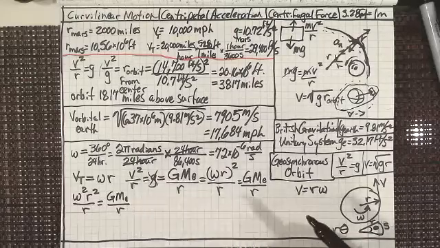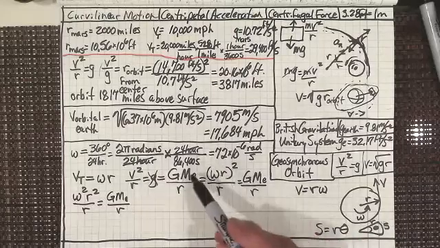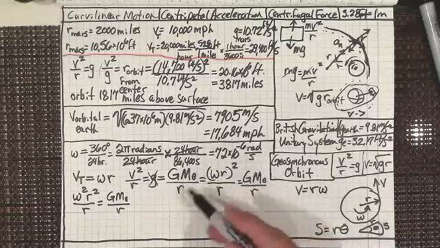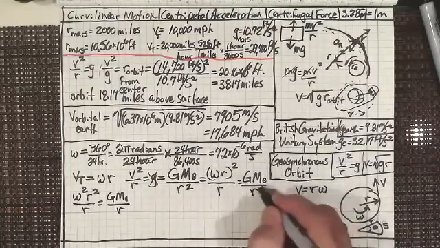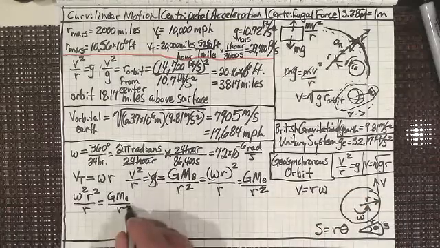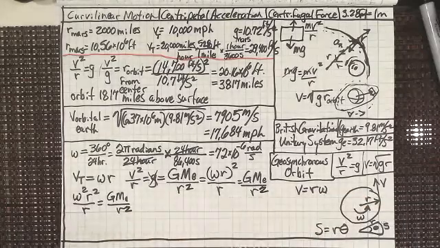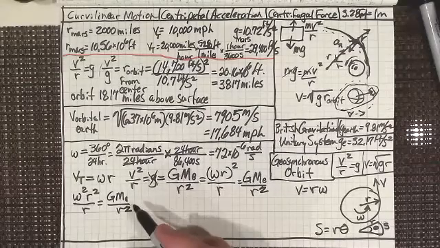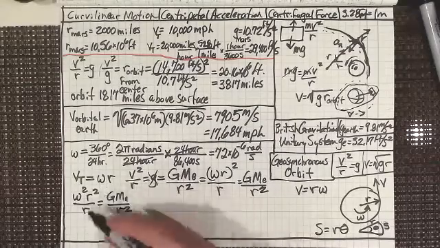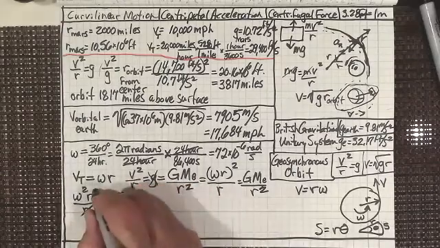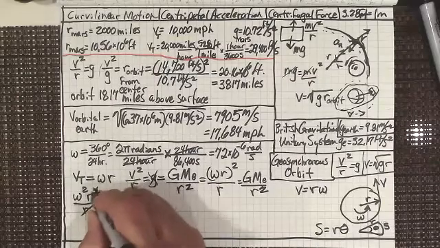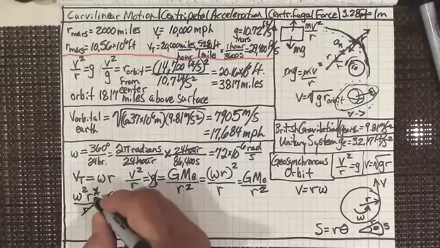Wasn't that r squared? This should be r squared. It's getting late. And this r is going to cancel out with one of these r's, so that just leaves r up there.